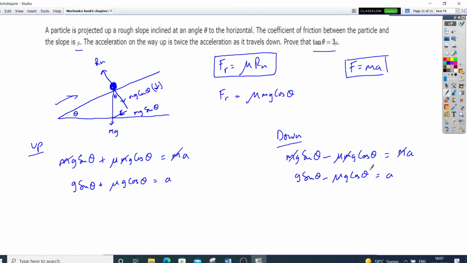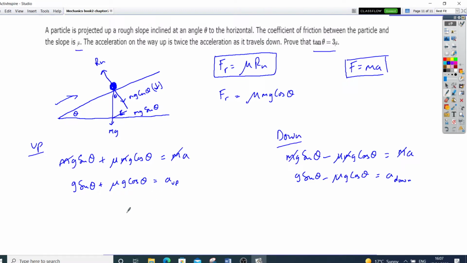That's the acceleration coming down. If we're comparing them both coming down, we negate the up one. I could have called that acceleration up, and that the acceleration down. So the acceleration on the way up is twice the acceleration down.